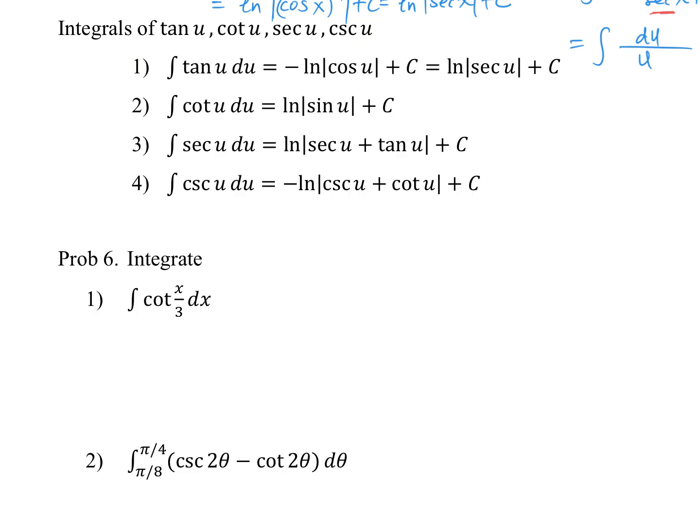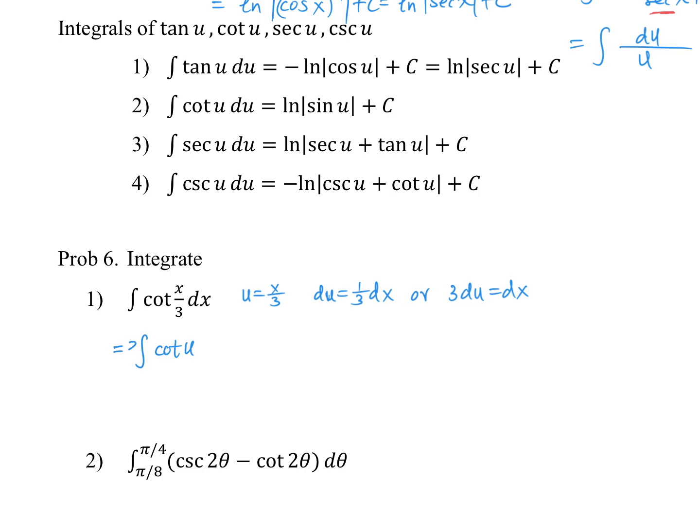The first one, first of all let u be x over 3. Du is going to be 1/3 dx, or 3 du equals dx. Do the substitution. We have cotangent x over 3, that's the cotangent u.